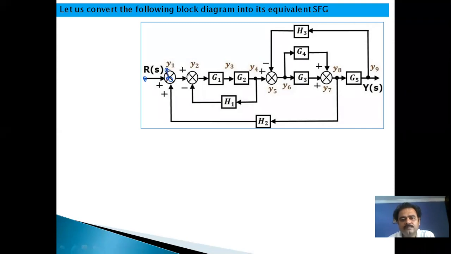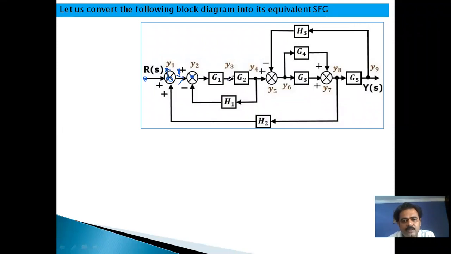This is y1. Next junction may be a summing point or a takeoff point, anything we can represent with a variable. So from here to here, this is a second variable y2. In between these two, the gain is represented by unit value.